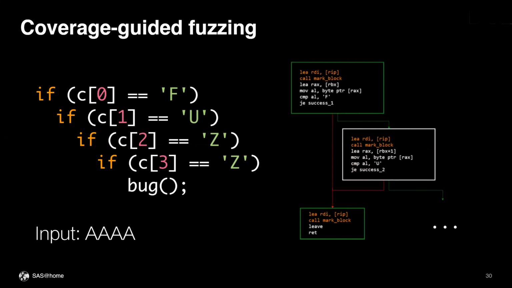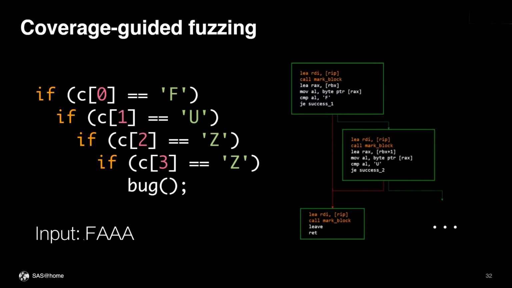And let's assume that the input 4 letters A have been passed to this program inside array C, and that way AFL would be able to detect that these 2 blocks have been covered. If it flips a byte and the first letter would be a letter D right now, the same path would be covered inside the code, and it would be able to detect it.